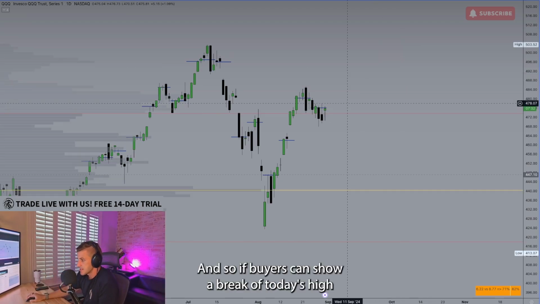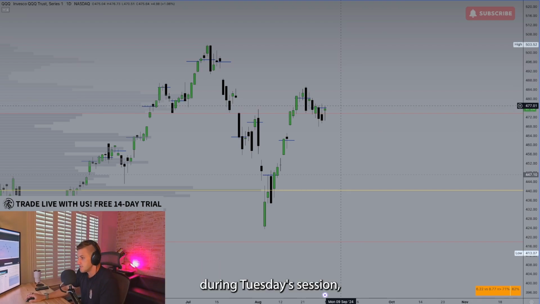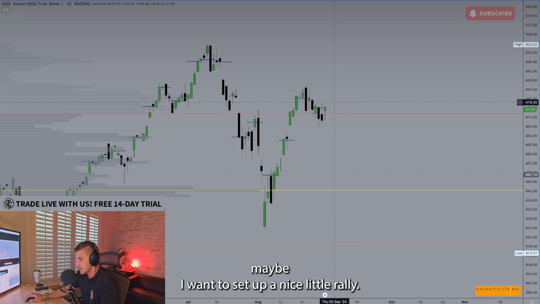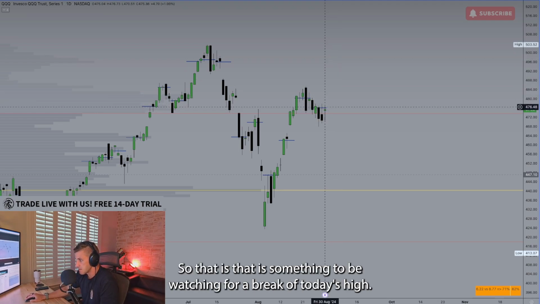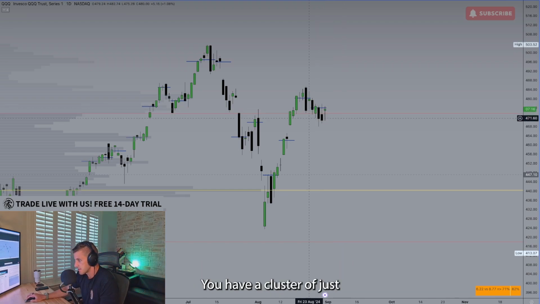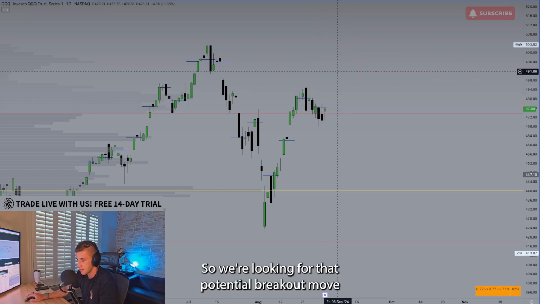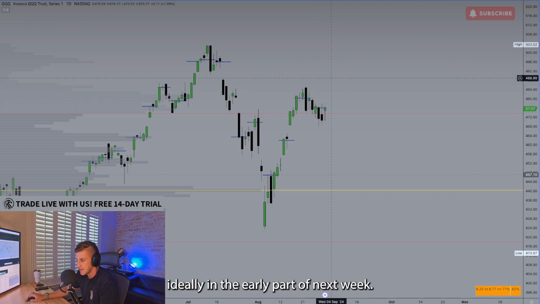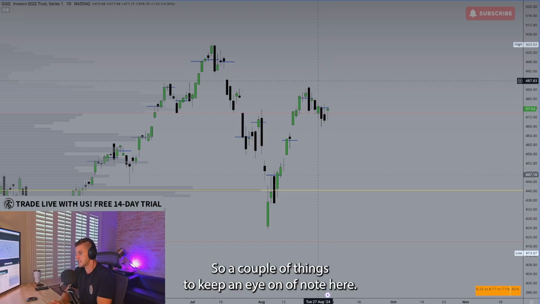And so if buyers can show a break of today's high during Tuesday's session, we may be able to set up a nice little rally. So that is something to be watching for, a break of today's high. And just kind of remember this little setup right through here. You have a cluster of just consolidation, right? So we're looking for that potential breakout move, ideally in the early part of next week. So a couple of things to keep an eye on.